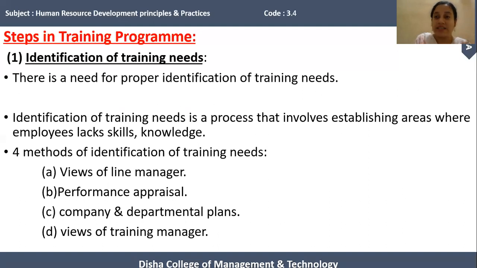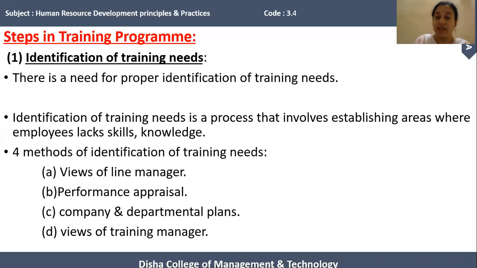Performance appraisal is a process of evaluating a person's performance in a systematic manner. In performance appraisal, the organization sets standards for every human resource, the standard is communicated to the human resources, and then the organization measures the actual performance and compares it with the standard, so that it can identify the person's skill deficiencies and skill lacunas.